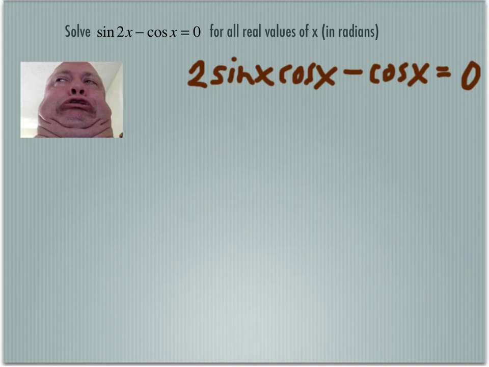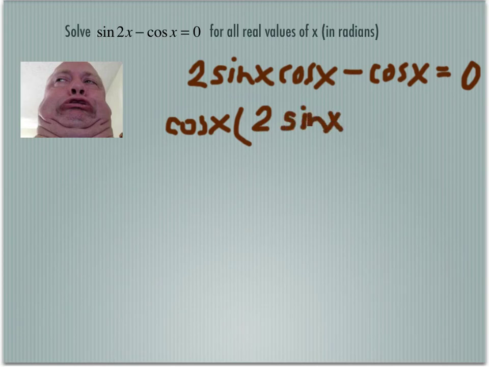And again, in this case, this is the first time I have a common factor in both of these terms. Cosine is a common factor. So I'm going to pull out that cosine of x, factor that out if you will, and I'm left then with 2 sine x minus 1 equals 0.